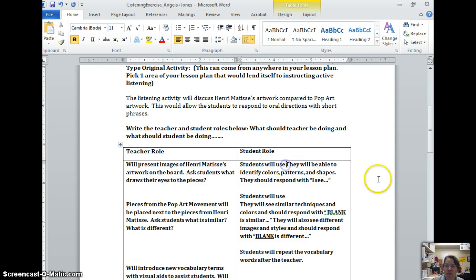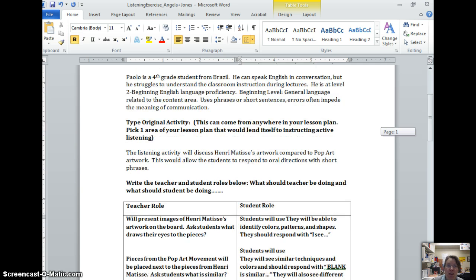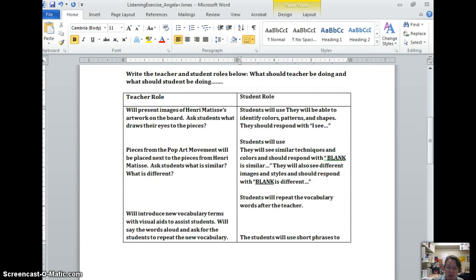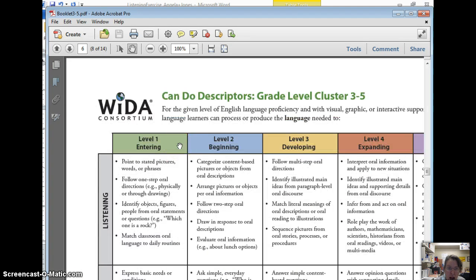Well, in the case of her student, Paulo, who happens to be at the beginning level, general language related to the content area, with respect to listening, we have to go back to our can-do descriptors like this. He can categorize content based on pictures or objects from oral descriptions, arrange pictures or objects per oral information, follow two-step oral directions, draw in response to oral descriptions, and evaluate oral information.